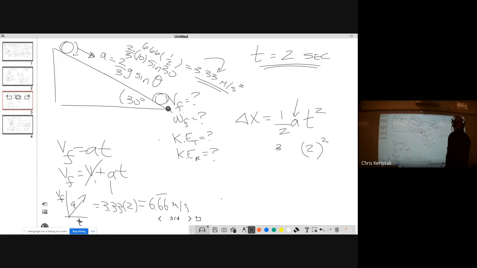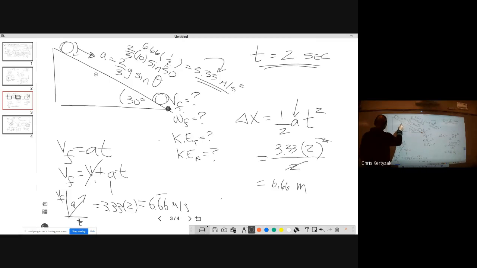So I end up with 3.33 divided by 2. Well, that's 4 divided by 2, right? So that's just 6.66. So if this ramp, I'm just making this up, let's just say this ramp is 6.66 meters long. Because if it is 6.66 meters and we release that thing, in exactly 2 seconds it'll be at the bottom of the ramp because that's just how I made this problem. It'll be right there at the 2-second mark.